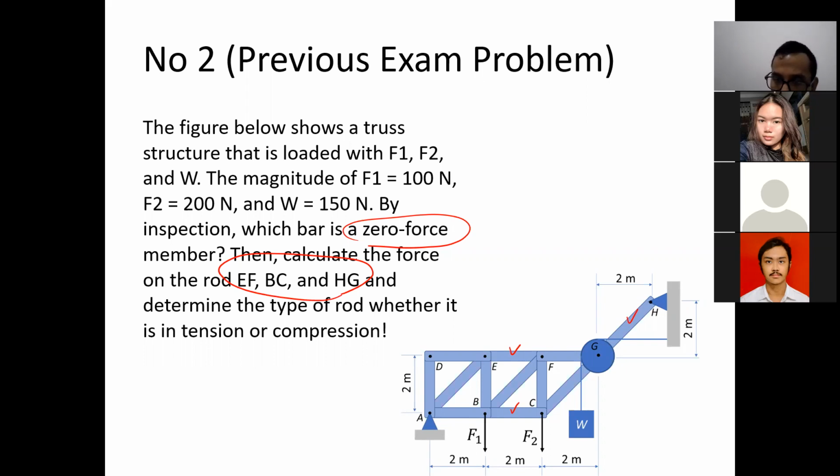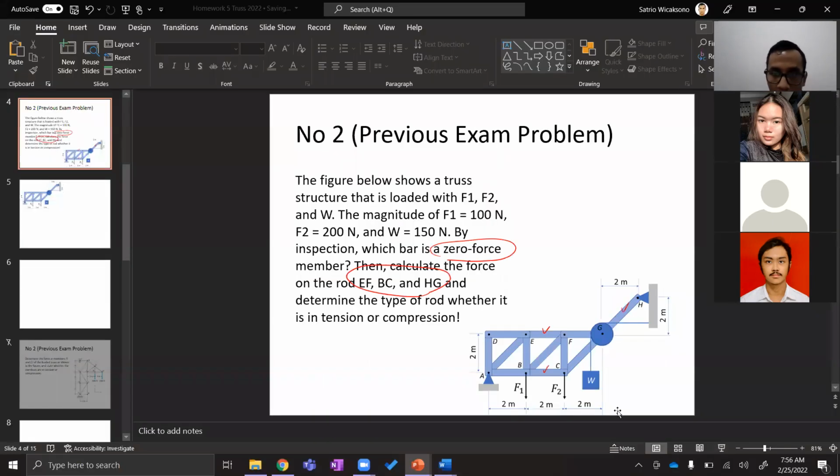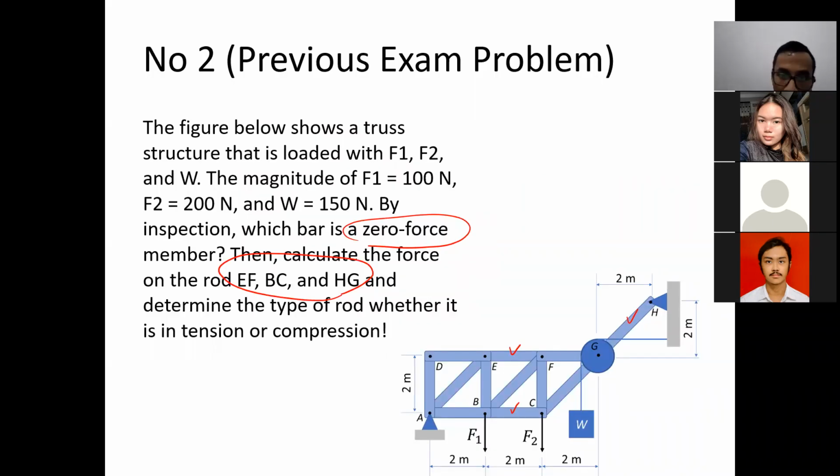Can you find the zero force member? Okay, it seems like you forgot the rules. Is it going to be DE? DE? Okay, yep. DE, so this one will be a zero force member.